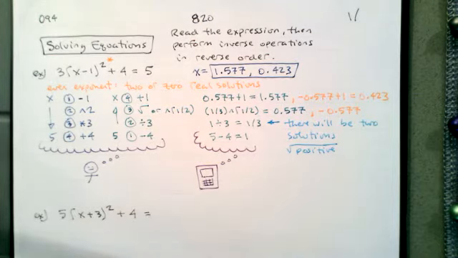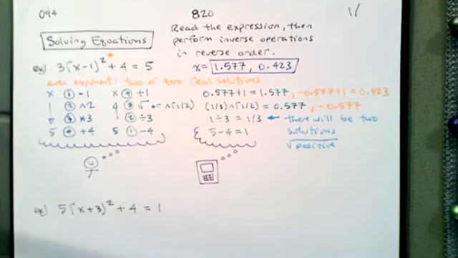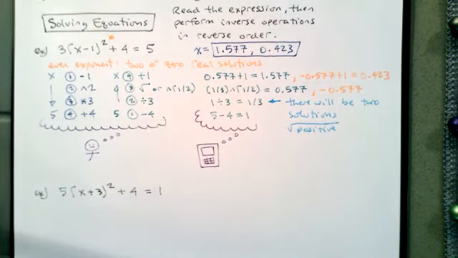Let's suppose this is supposed to equal 1. So we're just shifting everything around. We want to be able to read the expression and perform inverse operations in reverse order. Once again, we notice that we have an even exponent, so we'll have 2 or 0 real zeros.